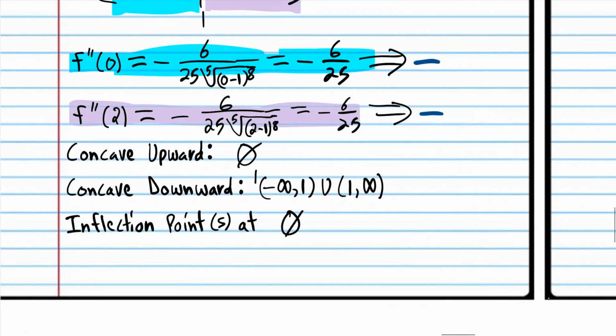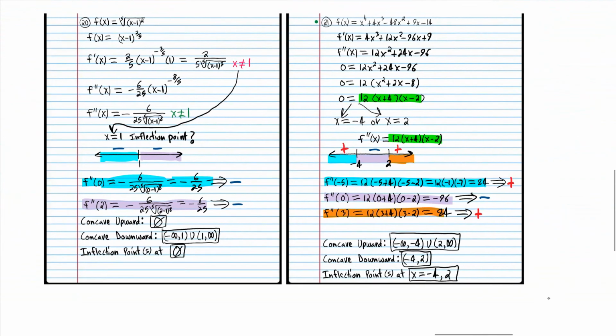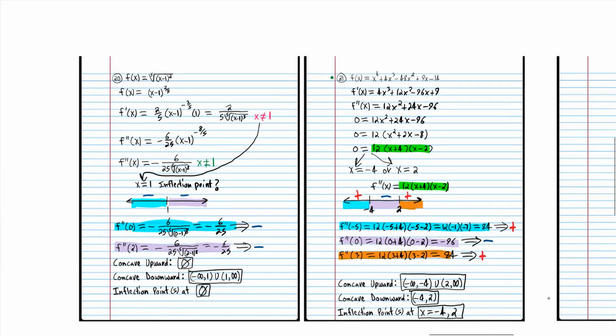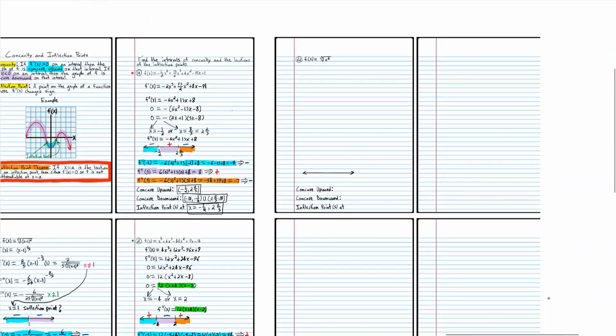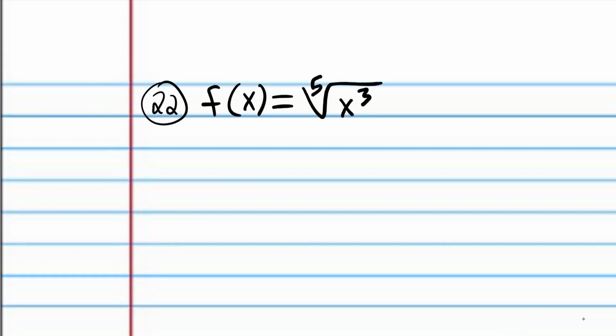Forgot to rectangle these too. So get a picture of this, what we just did, and I want you to try one more of those problems. We're looking for the intervals of concavity and the locations of the inflection points. So try 22. When you come back, we'll do it together.